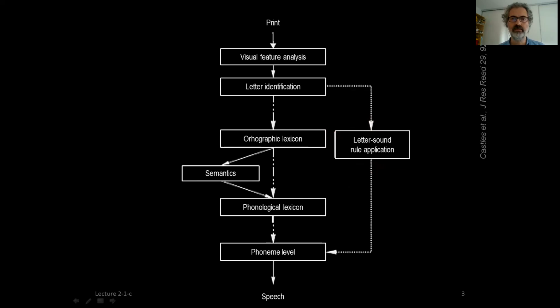A beginner reader goes through letters one by one in the beginning and then syllable by syllable, and indeed recodes serially.